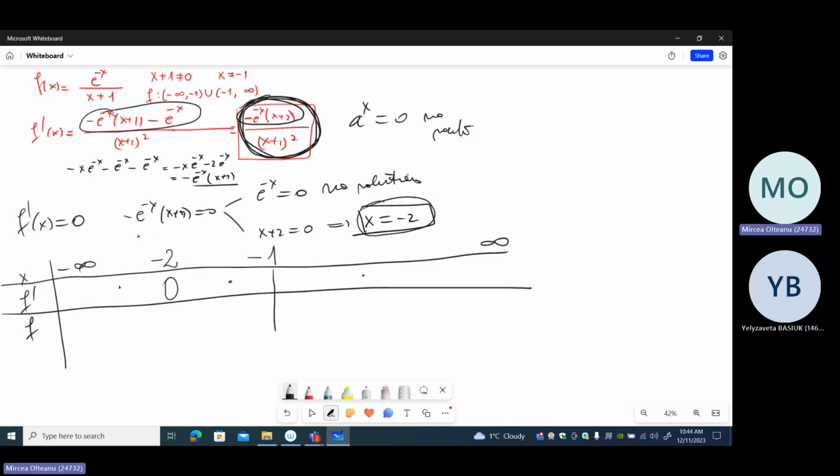Take values. Tell me a value in the interval minus infinity, minus 2. Minus 3. Okay, compute the derivative at minus 3. The function f prime is written here. Tell me what you get, and let's look to the sign.